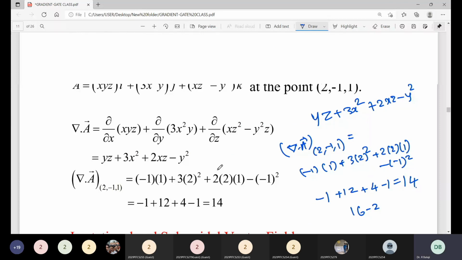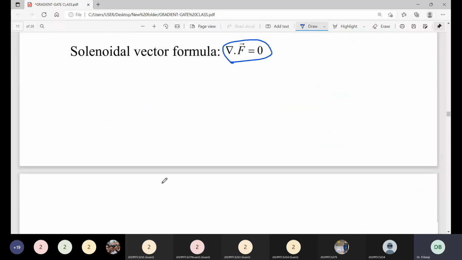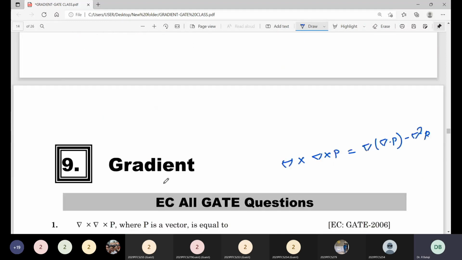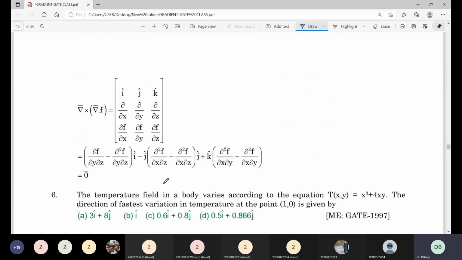We have proved that curl of grad phi is equal to 0, the same problem which was asked in GATE. Here they have given f instead of phi. See the proof, same proof. Here ∂²f/∂z, it is a printing mistake, and then all the terms cancel. Now we are getting 0.